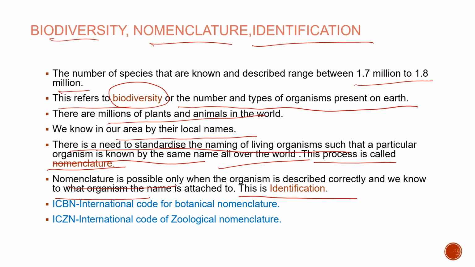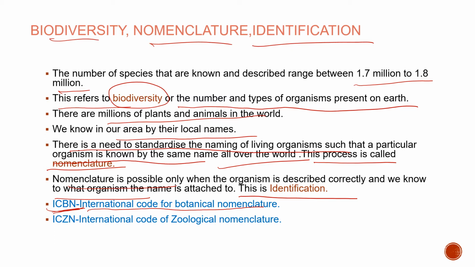Now for plants and animals, scientific names are acceptable to several biologists all over the world. For plants, the scientific names are based on several principles and criteria provided by the ICBN, that is the International Code for Botanical Nomenclature.